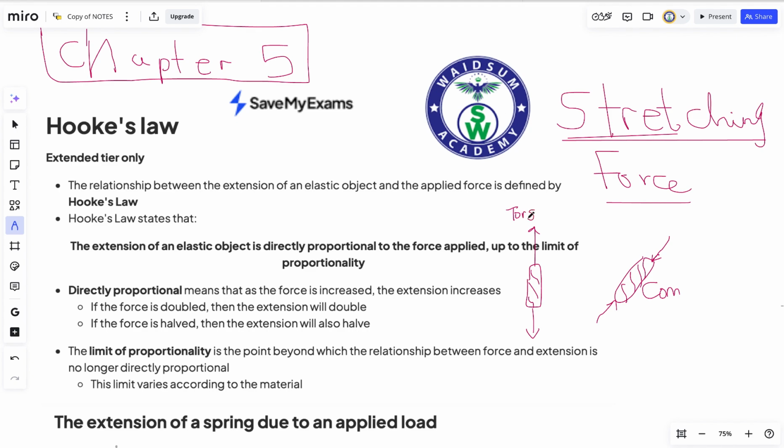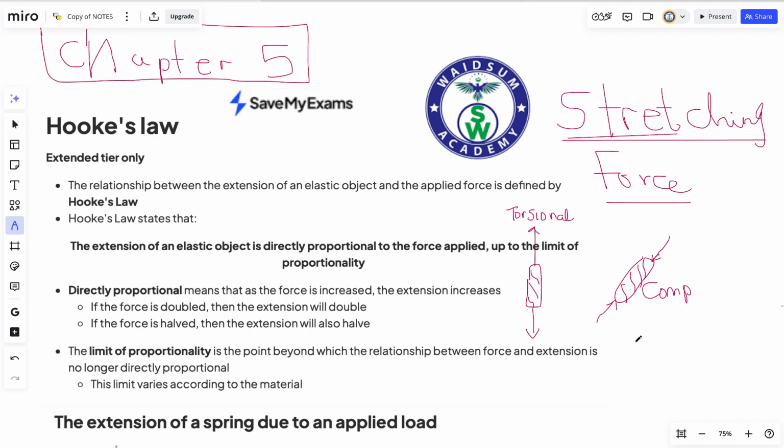So materials that can be stretched can be stretched in different directions or orientations. It could be torsional, it could be compressional, depending on the way the force is being applied to the material. So if you pull a spring apart, you apply a torsional force, and if you push it against itself, you apply what we call the compressive force.